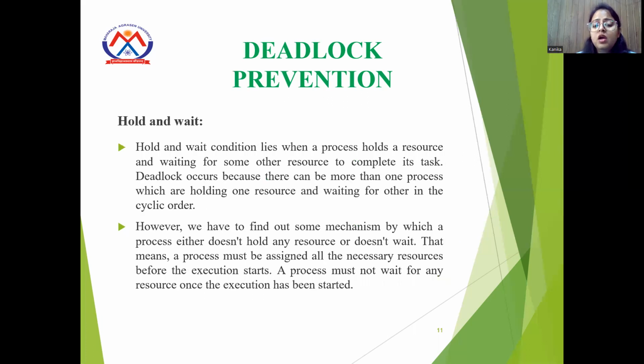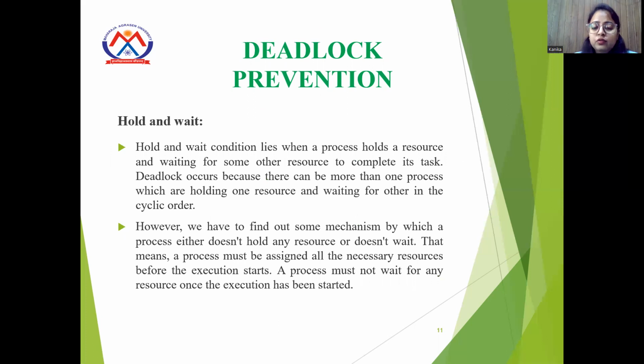Now we will see how we can neglect the hold and wait condition. Hold and wait arises when a process holds a resource and waits for some other resource to complete its task. Deadlock occurs because more than one process can be holding one resource and waiting for another in cyclic order.